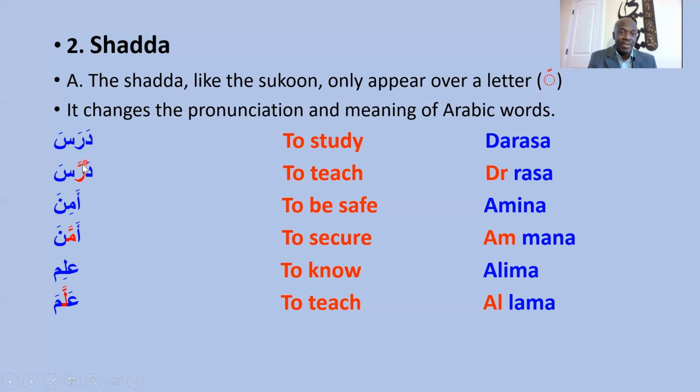The shadda accepts all the short vowels: the fatha on top, the kasra underneath, or the dhamma on top.